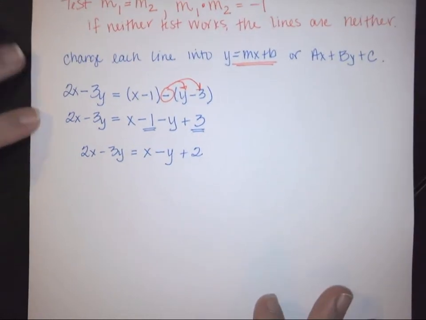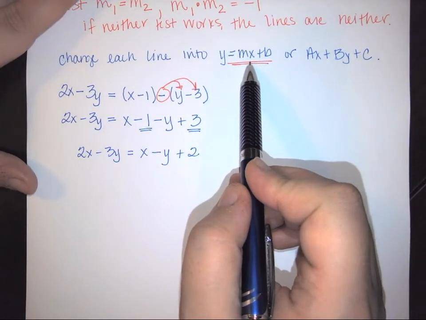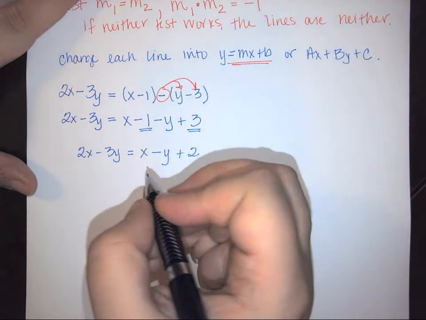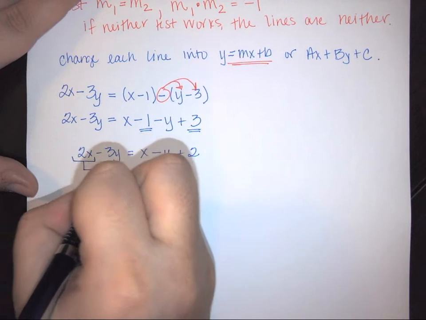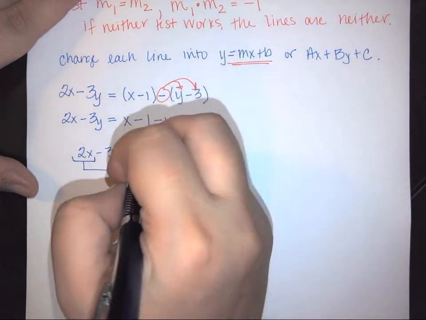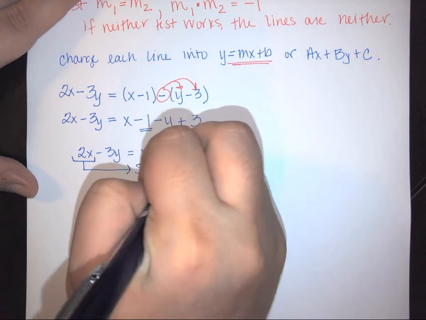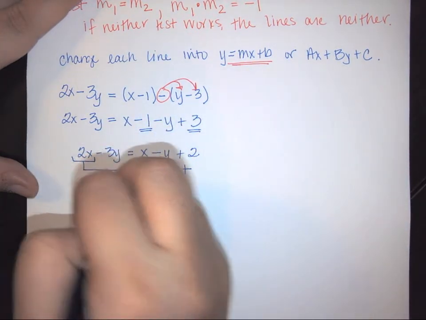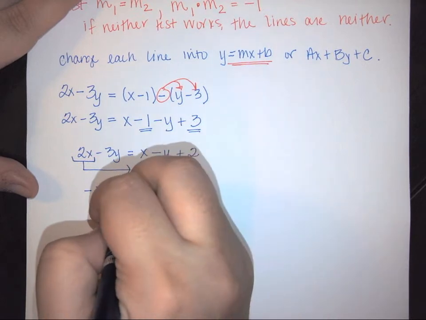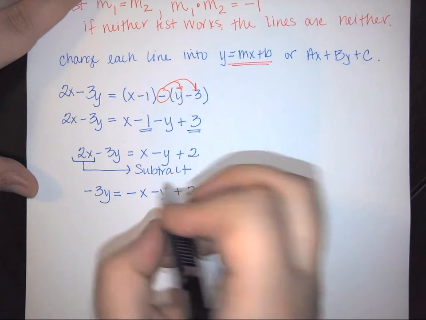Now with this, I would put it into slope-intercept form. So to do that, I'm going to take this 2x and I'm going to move it over. Since it's positive, moving it says I need to subtract. Leaves me with negative 3y is equal to 1 minus 2 is a negative x minus y plus 2.